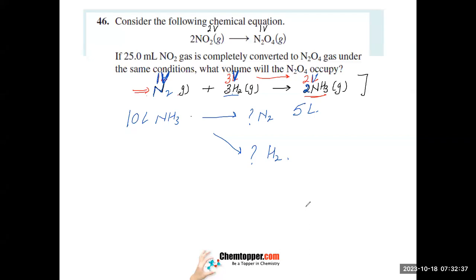Naisha, you're getting it? H2? For H2, you will start with 10 liters of ammonia and you will plug in the ratio. What is the ratio? 3 volumes of H2 over 2 volumes of ammonia. So answer is 15. Very good. 15 liters. Take care of the units.